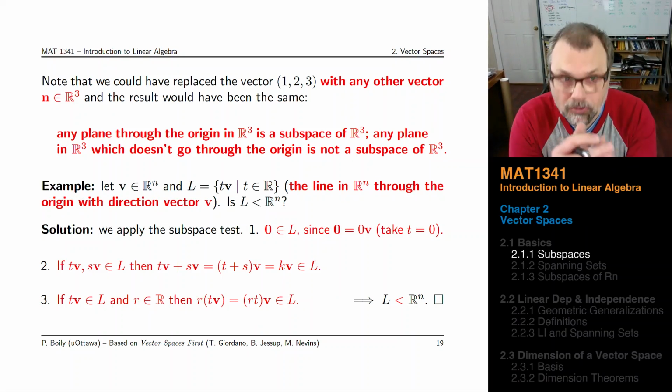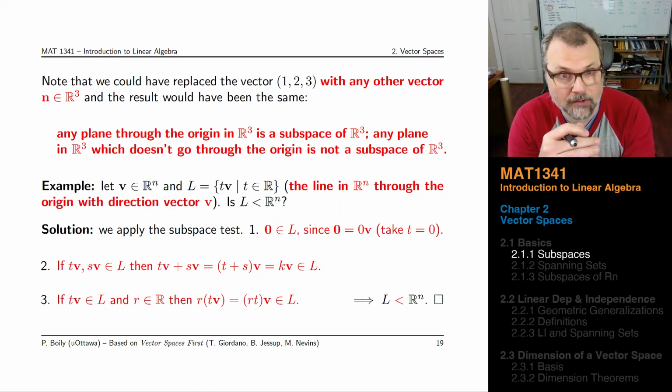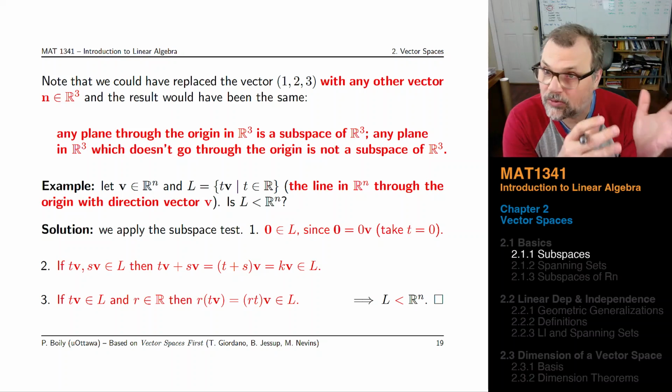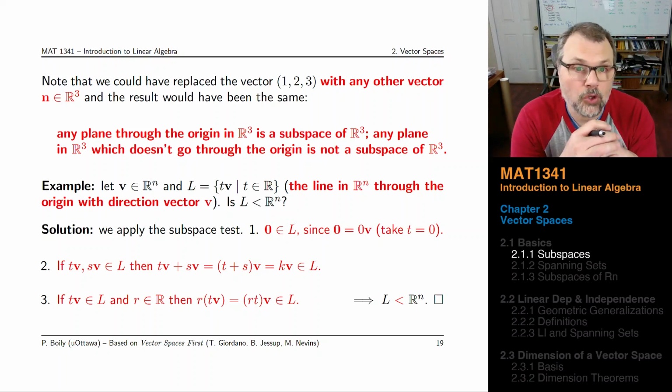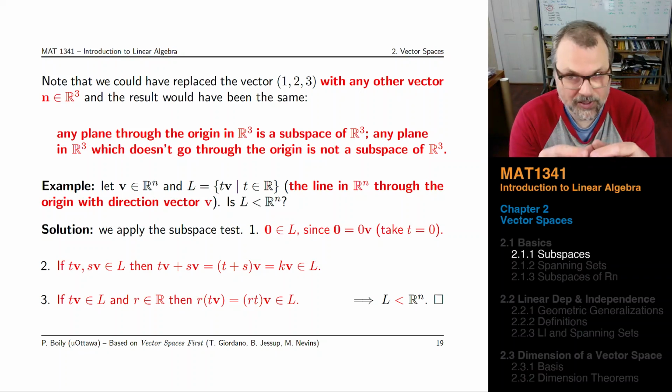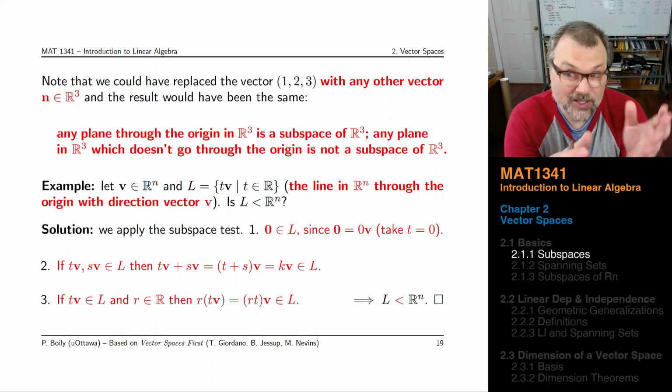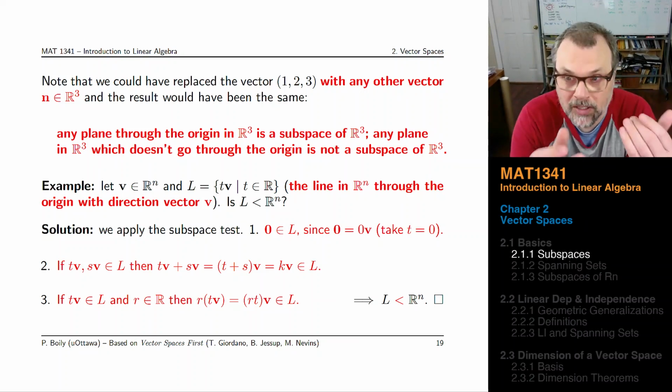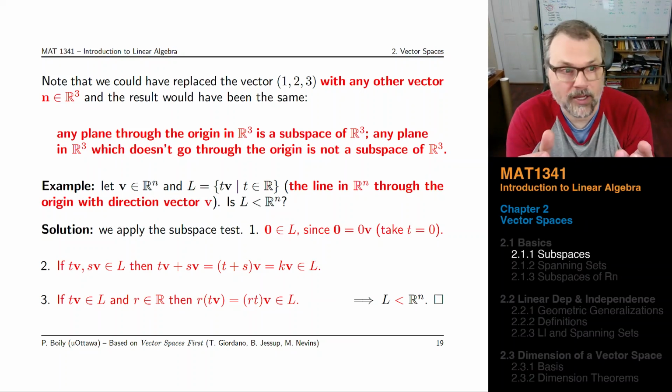Any plane through the origin in R3 is a subspace of R3. And the same sort of example would have shown us that any plane in R3 which doesn't go through the origin cannot be a subspace of R3. In particular because the vector 0 would not be in the plane or on the plane.